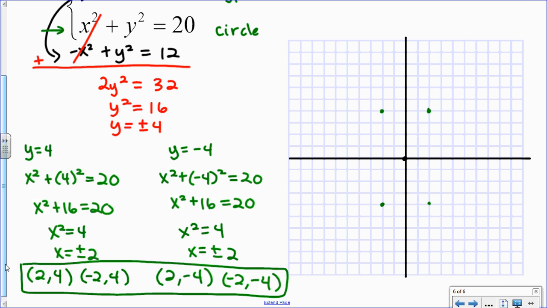So for my hyperbola, my A and B are both going to be the square root of 12. So that's between 3 and 4. The x squared is negative, so that means it's a vertical hyperbola. So my hyperbola will look like this.